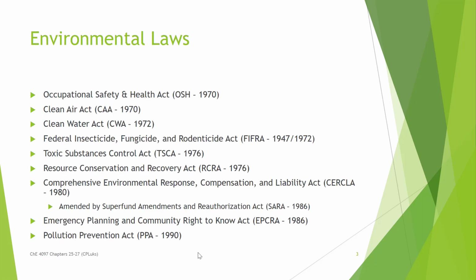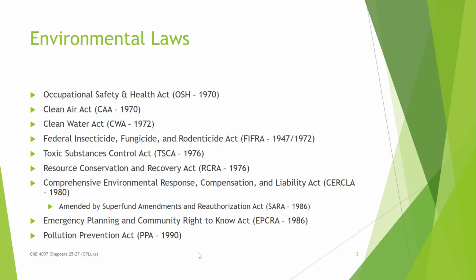Now, there are a lot of environmental laws that tell us what we have to do. The earliest of these, in 1970, were the Occupational Safety and Health Act and the Clean Air Act. And those began the system of guidance that we've had. And these change now every year.